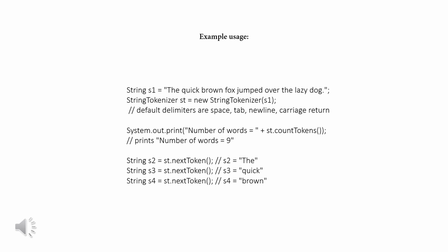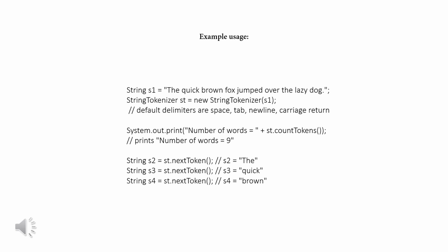So we have the string S1, right? And we want to tokenize this string. If we don't use any delimiter, it will use the default delimiters that are space, tab, and newline, right? So here we have one string, so this string will be tokenized based on the space. So how many tokens will we have after using the StringTokenizer? 9 tokens, right?